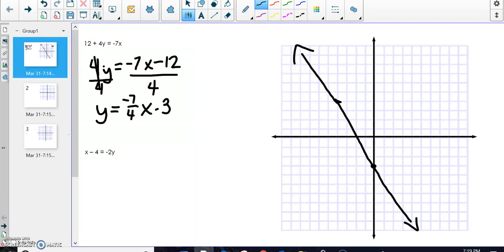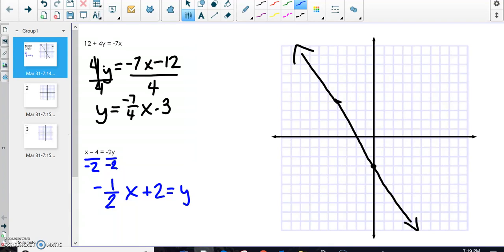So now let's solve for y on the second equation, which will be a little bit easier because I only need to divide everything by negative 2. So then I would have negative 1/2 x plus 2 is equal to y.